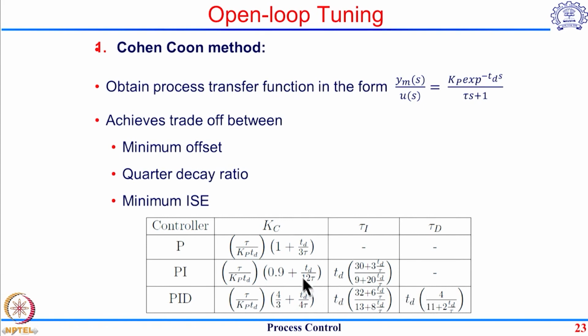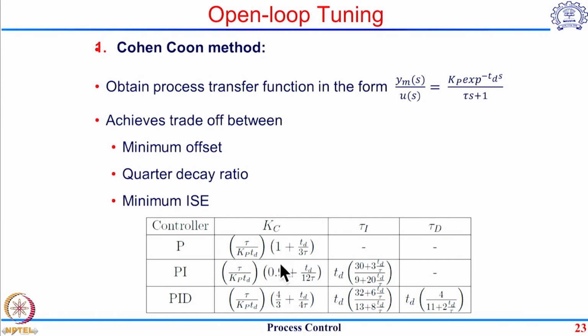Now one thing I would like to draw your attention to is, if you focus only on the controller gain, you would see that the method says that if I use a certain gain for a P controller, then if I go from P to PI controller, I should cut down on the gain.